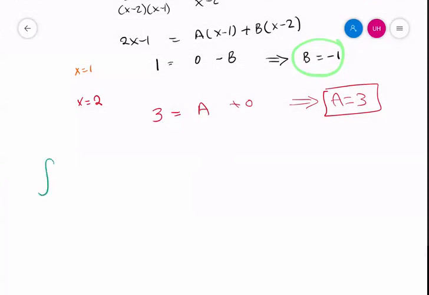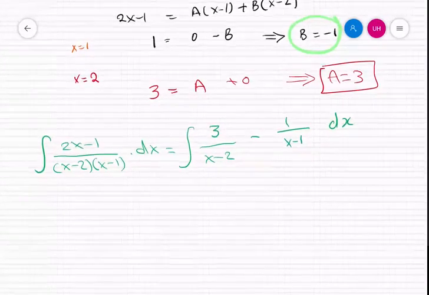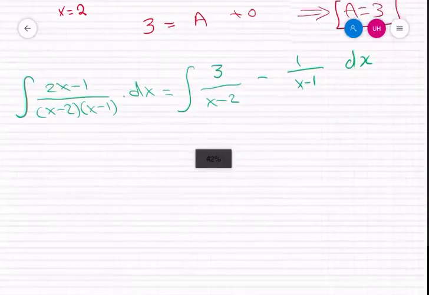So our integration of 2x minus 1 over x minus 2 times x minus 1 dx equals the integration of, instead of a, we will put 3 over x minus 2, and the b was minus 1, so instead of plus b, it's going to be minus 1 over x minus 1 dx. And now we will find out the answers. Let's see who wants to answer this.